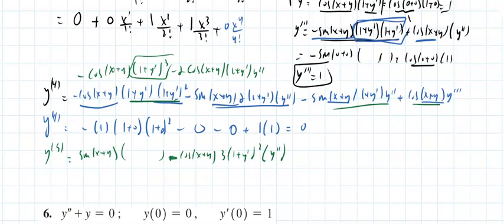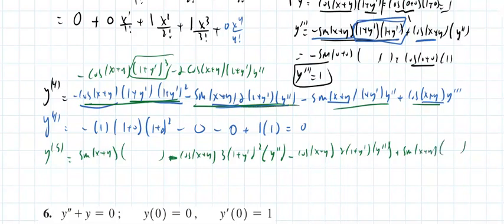That part is done. If I get to this part, that's going to be negative the cosine of x plus y times 2 into 1 plus y prime times y double prime, and here comes the messy part, times a negative sine of x, oh yeah, I don't have to worry about that part. Derivative of the first times the second, plus the sine of x plus y.